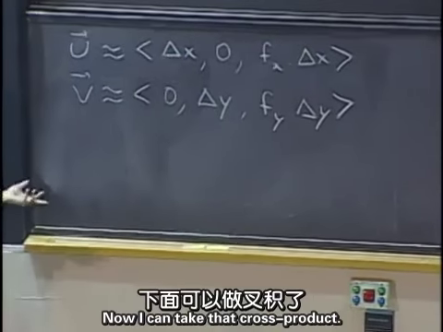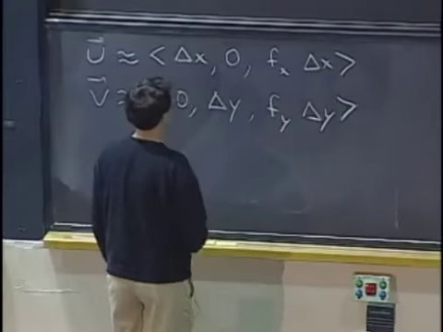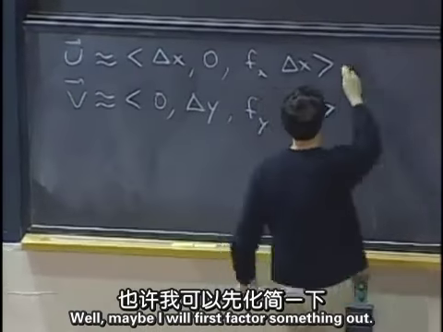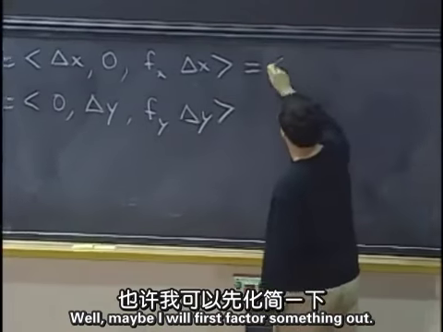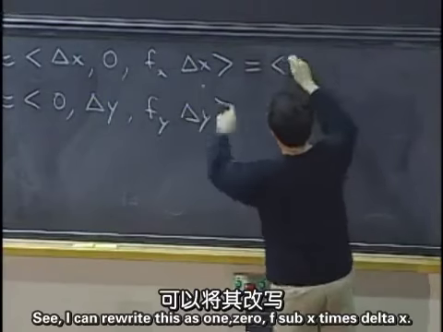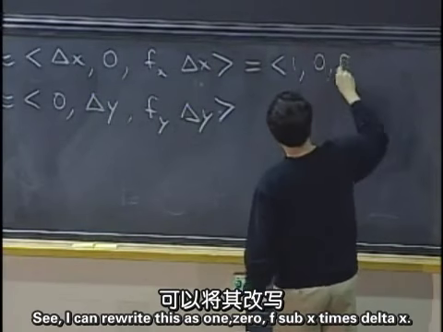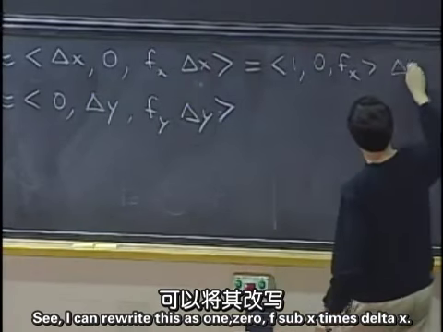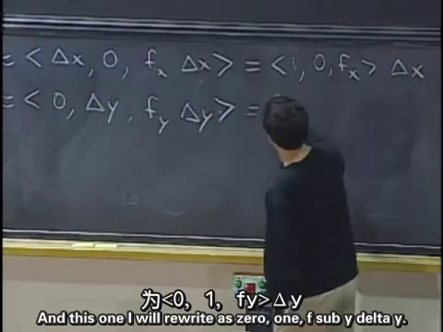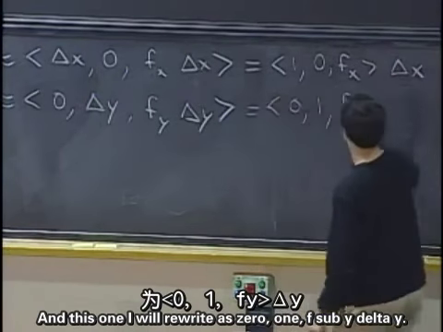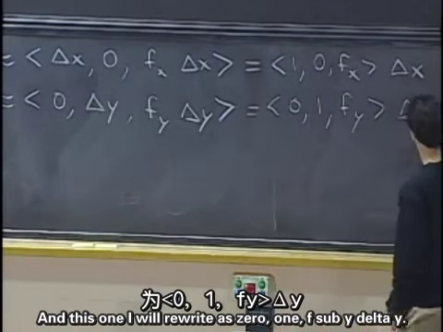Now I can take the cross product. Maybe I will first factor something out. I can rewrite u as 1, 0, f sub x times delta x, and v as 0, 1, f sub y times delta y.